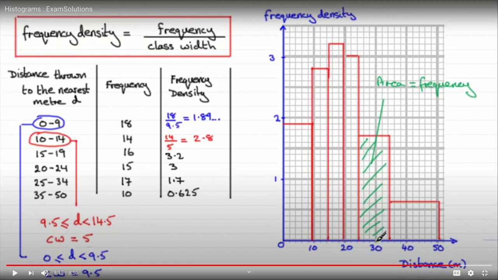It is to 14.5 because he showed it here. It's rounding it. When you figure out these widths between these bars, that's based on the class width of each of these classes.